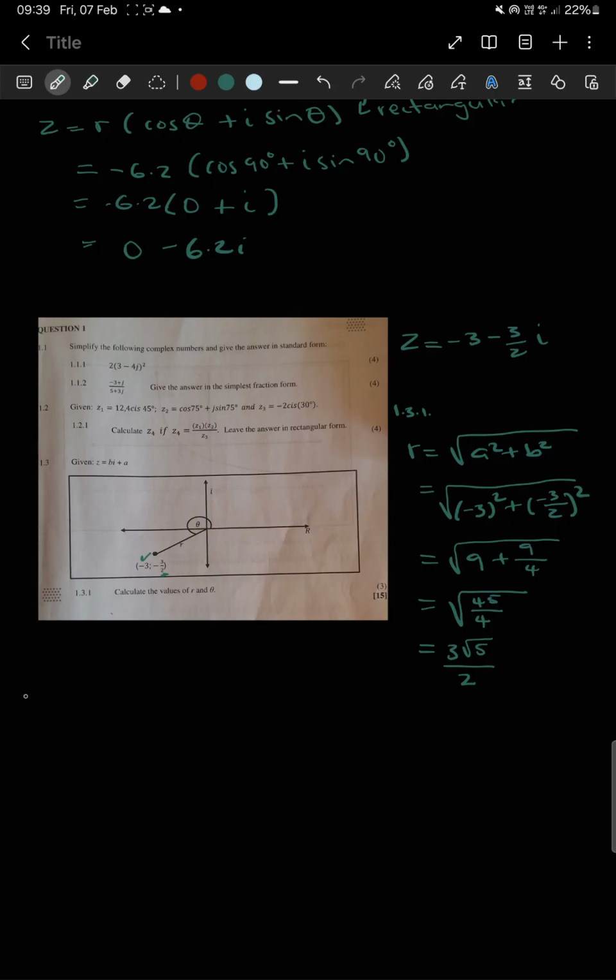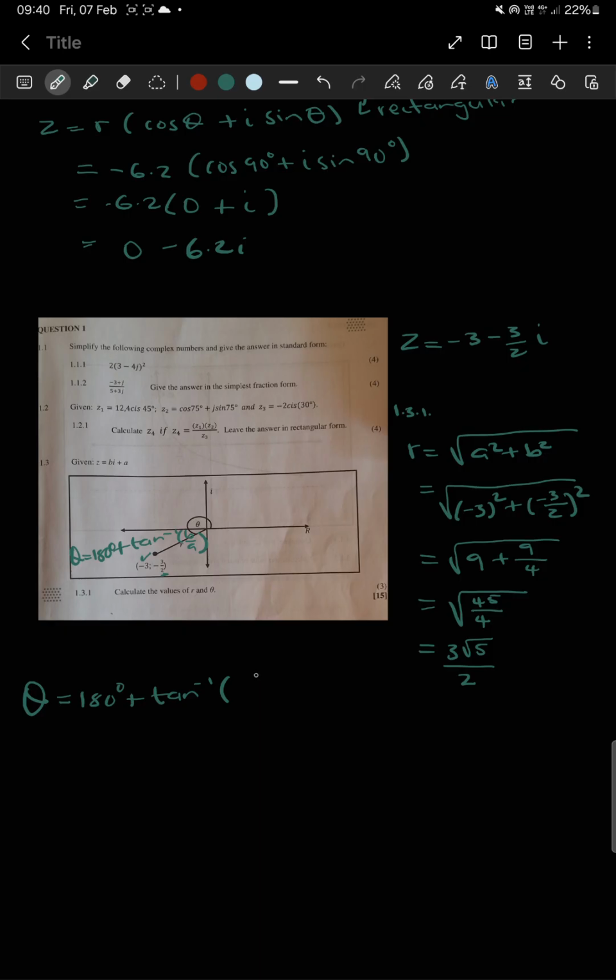Then we go to theta. How do you get theta? You first look at which quadrant our Argand diagram is in: quadrant 1, 2, 3. In quadrant 3, theta equals 180 degrees plus arctan of b over a. So I'm going to have 180 degrees plus arctan. When doing this, we ignore our signs.